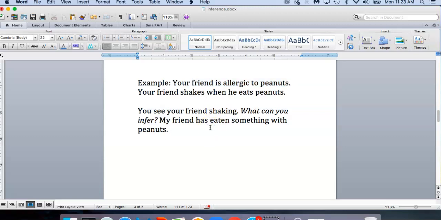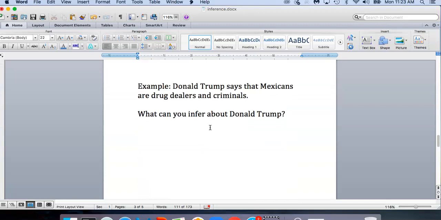This is what you know based on your interaction or knowledge about your friend, so you can make that inference that whenever your friend is shaking, like 9 out of 10 times, it's because your friend has eaten something with peanuts. Okay, so let's go to the last example.